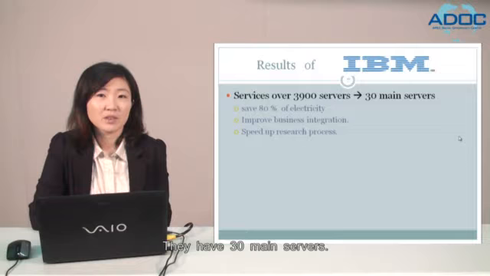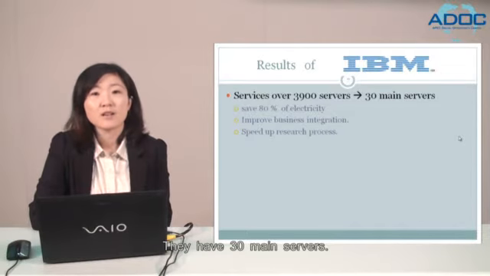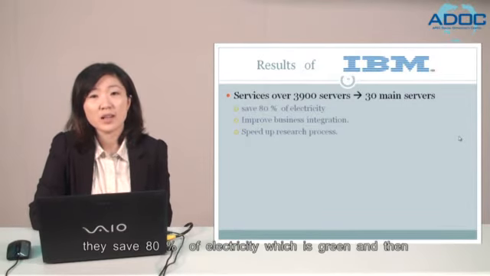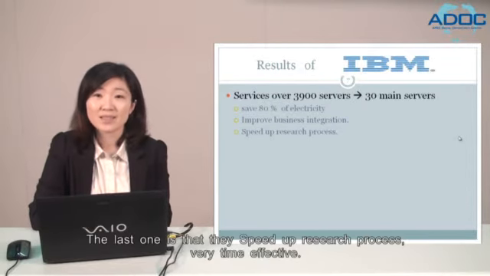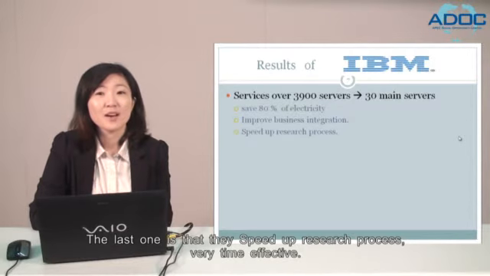They have 30 main servers. From this RC2, they save 80% of electricity, which is green, and then improve business integration. The last one is that they speed up the research process, very time effective.